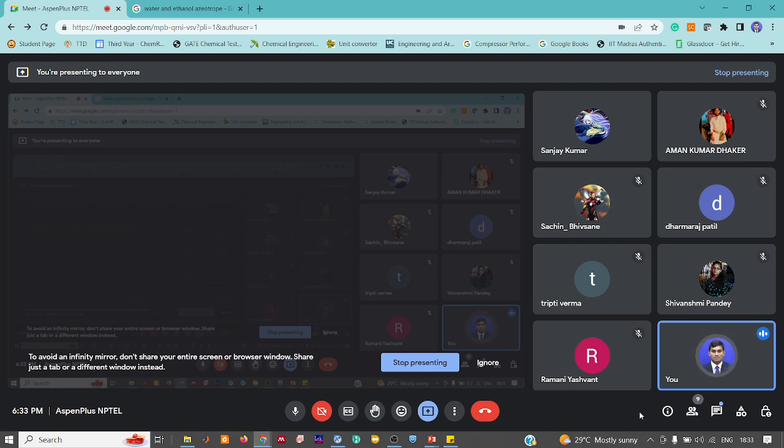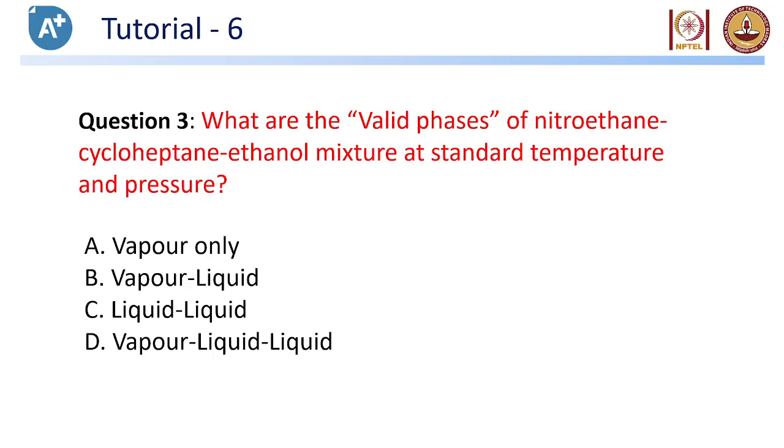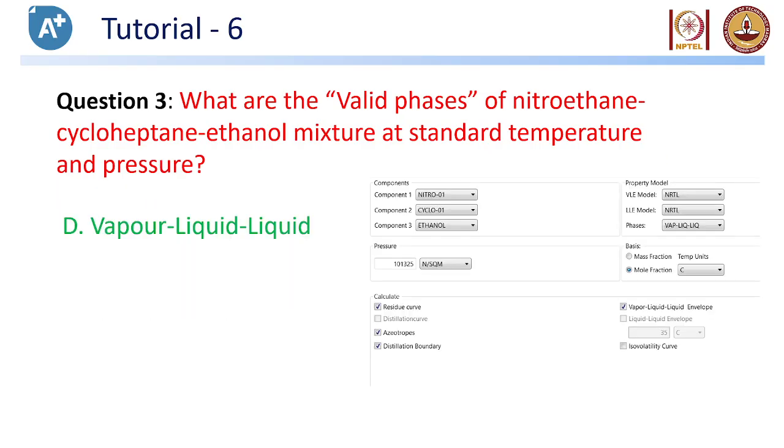Homogeneous or heterogeneous, right? So accordingly, you can decide which model to use. So in this case, as you see, while checking azeotropes, we can see that it forms VLLE. So from there you'll be able to identify.